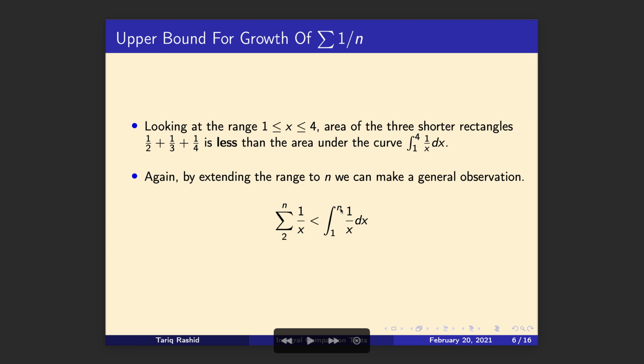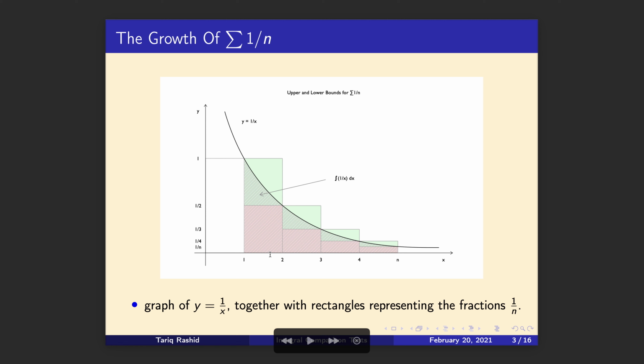Now, just in case we've got a little confused about why it's n and not n plus 1, and why it's 2 and not 1, let's look at that picture again. Let's consider the first 3 rectangles, which go from 1 to 4. So the area under the curve, the integral, goes from 1 to 4, 1 to n.